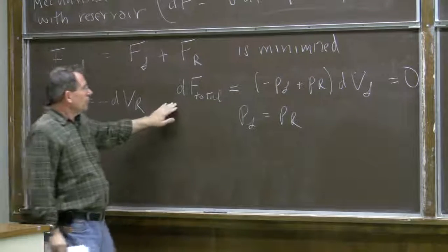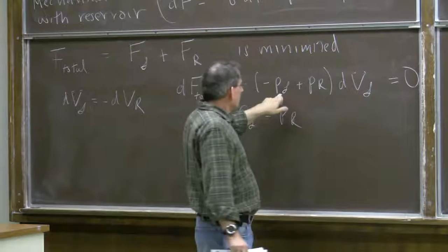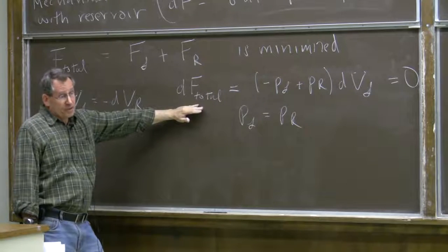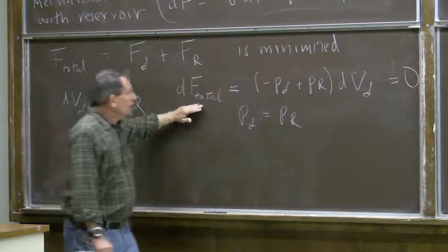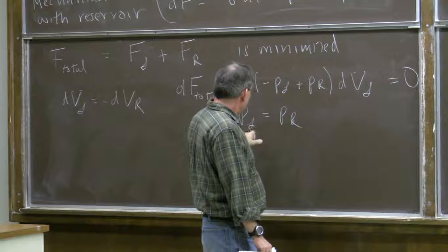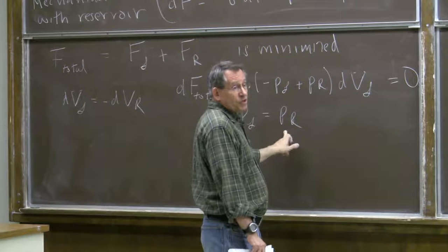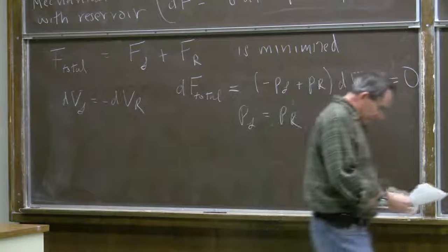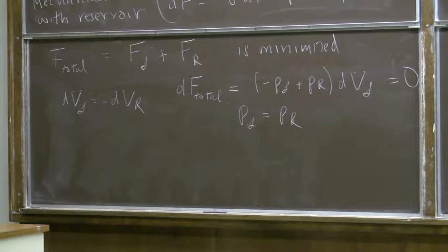And so it will decide what its volume should be by minimizing the total Helmholtz free energy. And it will satisfy that criterion by attaining a pressure which equals the pressure of the reservoir. Now, equivalently, I can describe that by saying that in mechanical and thermal contact with the reservoir, the system will minimize its Gibbs free energy.